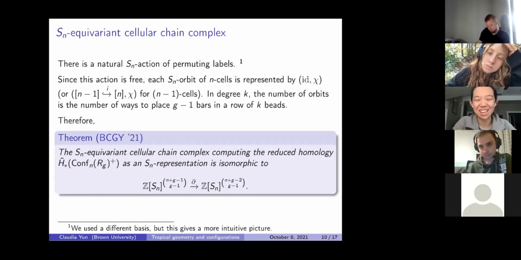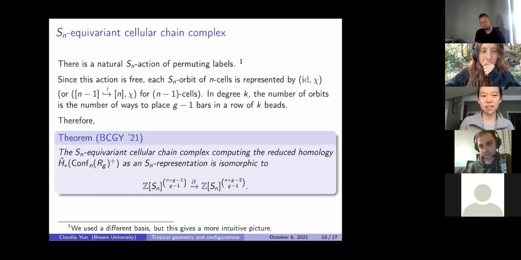A footnote is that we actually used a slightly different basis that's a lot worse, but they're equivalent, and I think it's a lot more intuitive to think about the cells as being labeled by the configurations I just gave you, and to think of the Sn action as just permuting the labels. And if we take this to be our Sn action, then we see that the action is free.